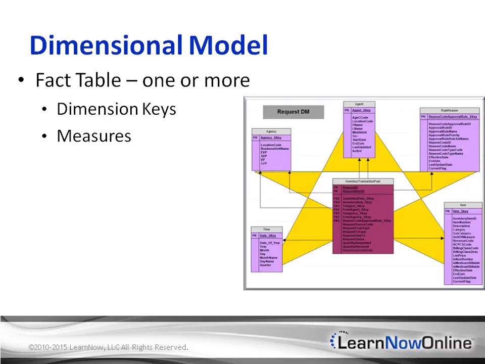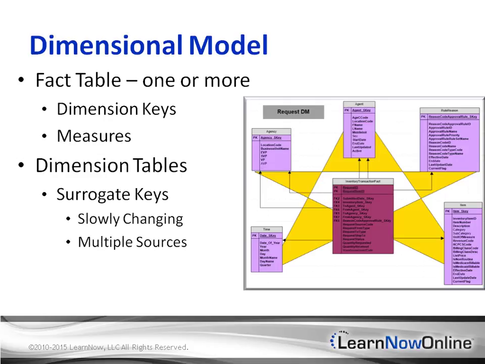The measures in the fact table are columns like sales amount and order quantity, and then in the Analysis Services cube, you will create the counts or distinct counts. Dimension tables consist of these surrogate keys. These are different than the OLTP system's business key.